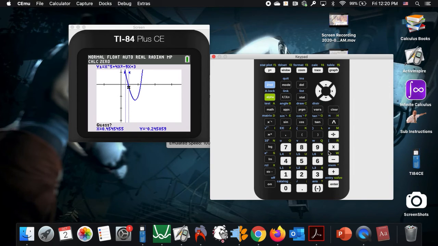And then when you guess, it really doesn't matter. Technically, if you guess closer to the right answer, it does it quicker, but it's a calculator, it does it pretty quick anyway. And it tells you what the 0 is. If you don't find one that has a positive and one has a negative, then it's going to say error, there's no such 0 in there. The calculator is using intermediate value theorem.